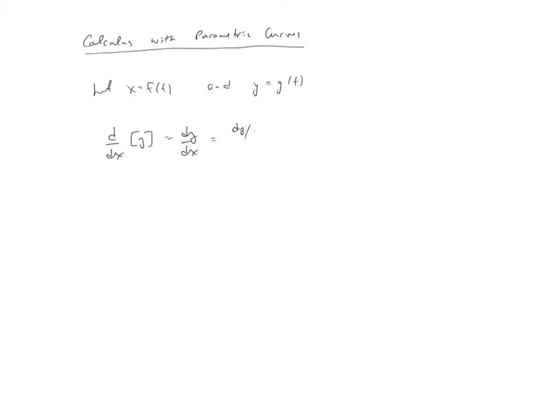So we're going to get a dy/dt, and then separately, because once again these are separate functions working together to create a curve, the derivative of x would then be dx/dt. So in order for us to come up with dy/dx of this curve, we would just do dy/dt divided by dx/dt.